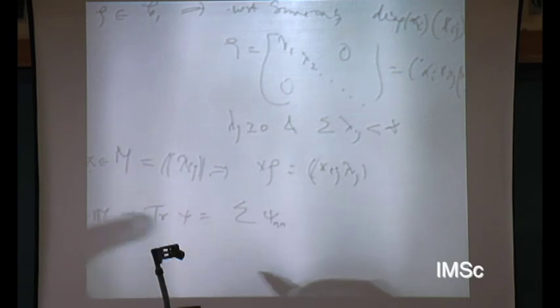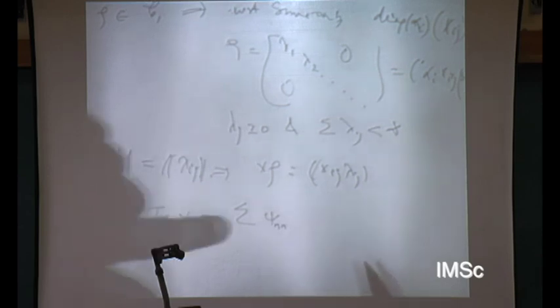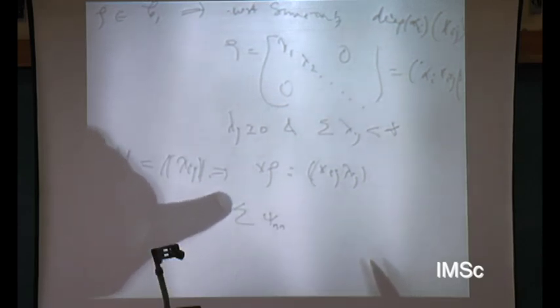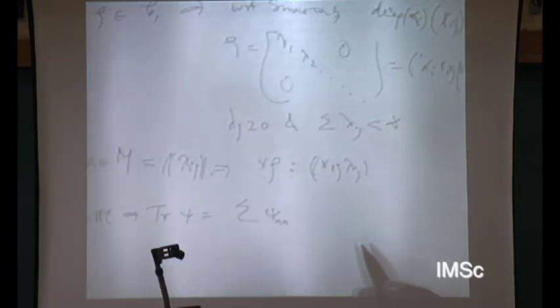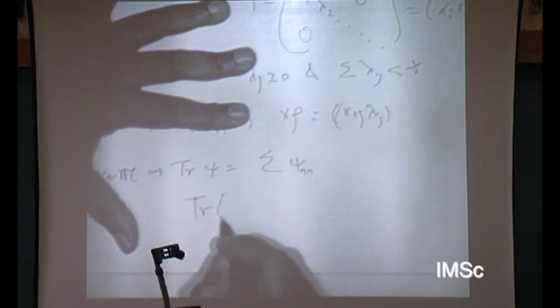And you know that trace class operators form an ideal. So x rho is also trace class. So its trace will be the sum of its diagonal entries. So what is the trace of x rho?